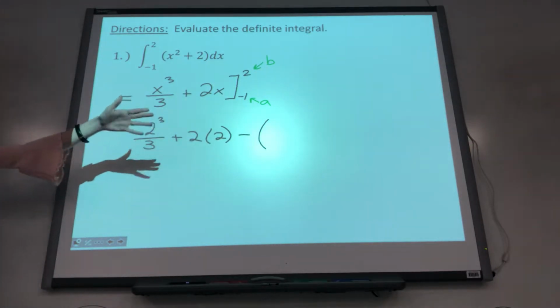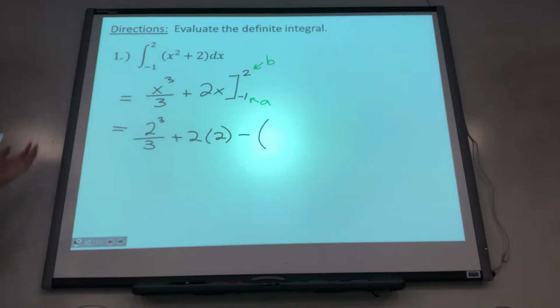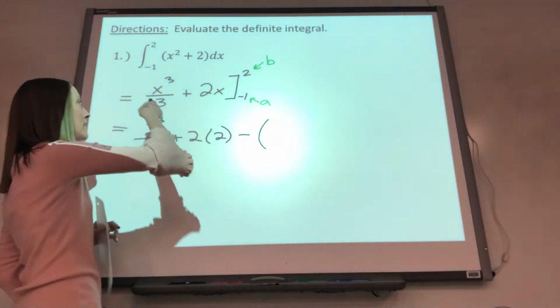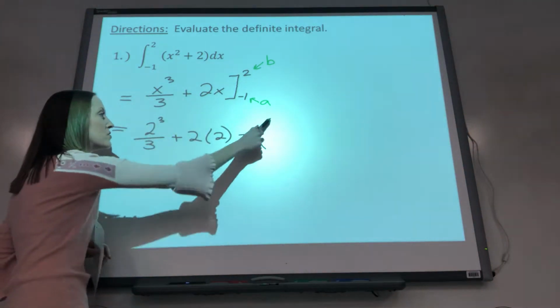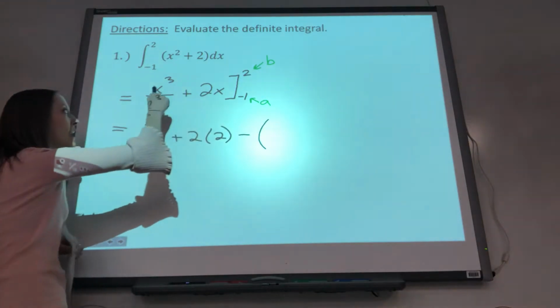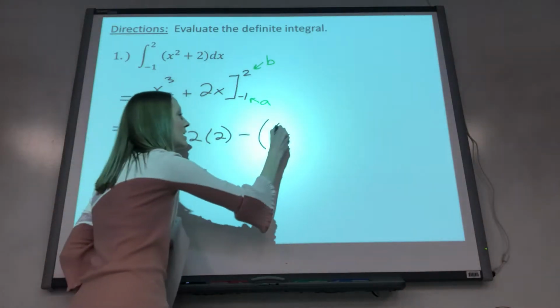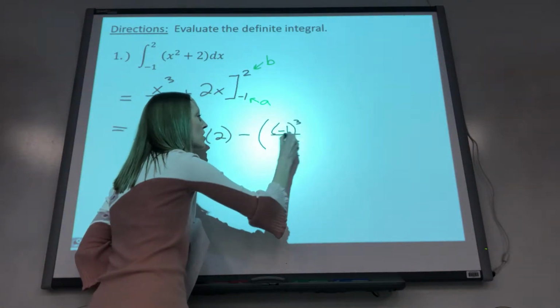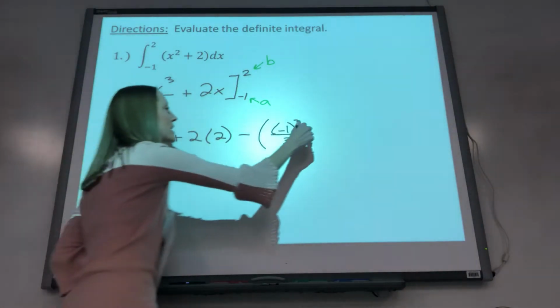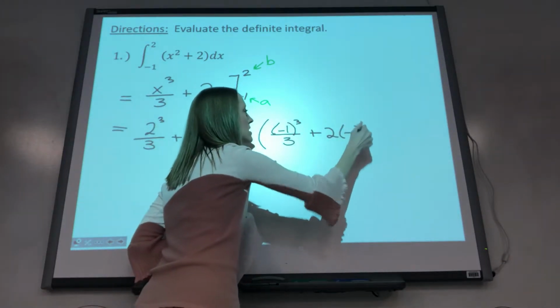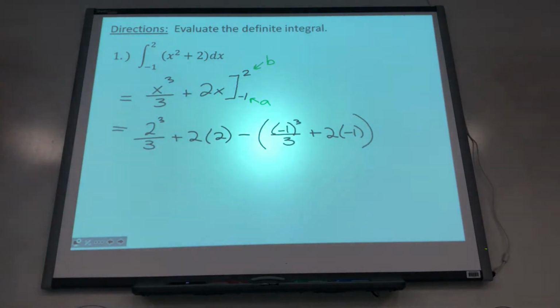So the minus is going to have to go to both of those terms. I guess you could go ahead and distribute it if you wanted, but I'll just do it like that for now. And then wherever I see x, plug in a -1. So that's -1 cubed over 3 plus 2 times -1.